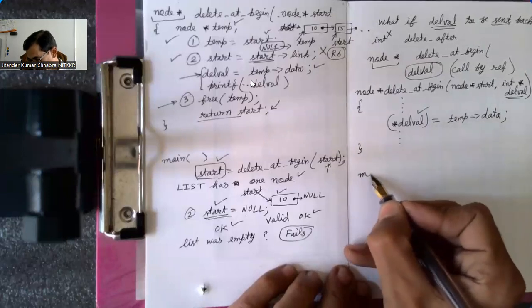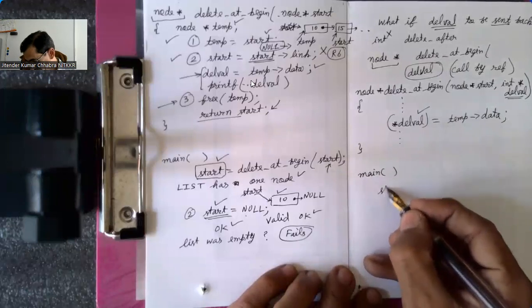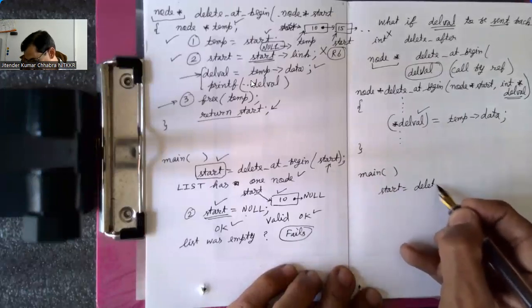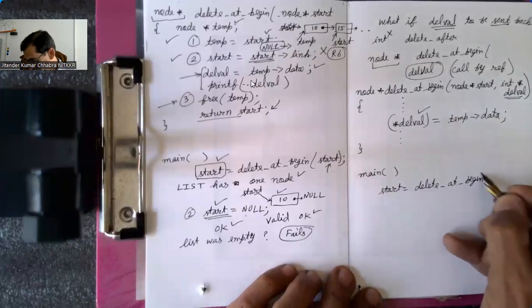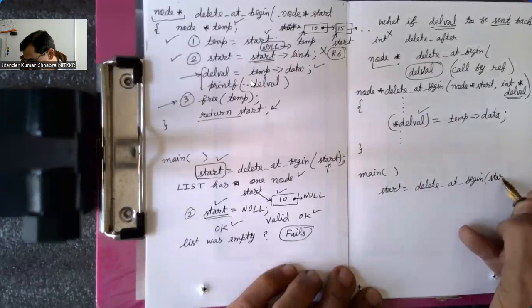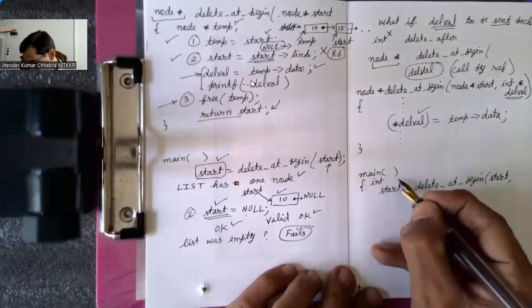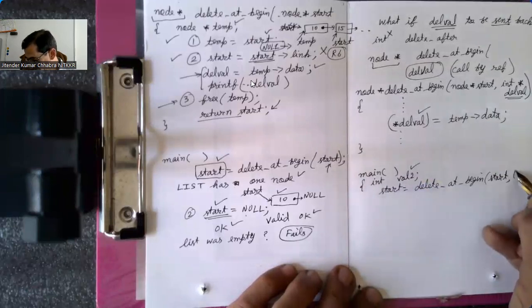And from the main, the call will mean I will have start equal to delete at begin, start being sent, and maybe if I have int val2 to be used for the returned value, call by reference means you will call it with an ampersand.